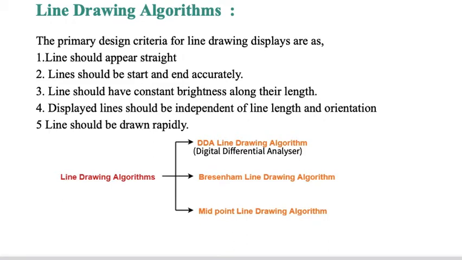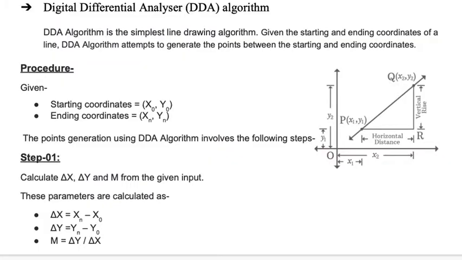The first is the DDA line drawing algorithm. DDA is the digital differential analyzer. The next are the Bresenham line drawing algorithm and the midpoint line drawing algorithm. We'll see the digital differential analyzer line drawing algorithm because it's the easiest and many people follow that algorithm.